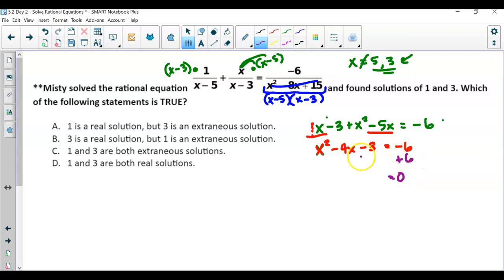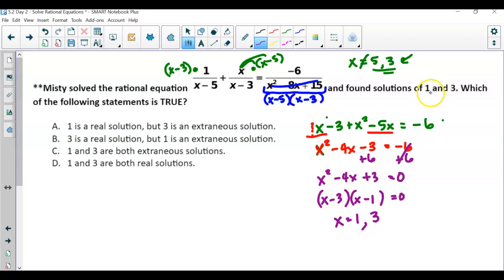So make sure to add 6 to both sides. Now I've got x squared minus 4x plus 3. Now solving by factoring, what numbers multiply to get positive 3 but add to get negative 4? Negative 3 and negative 1. So that means x is equal to 1 and 3.